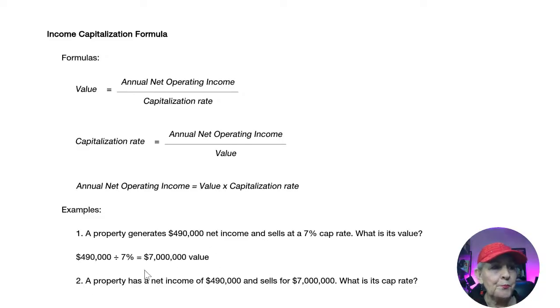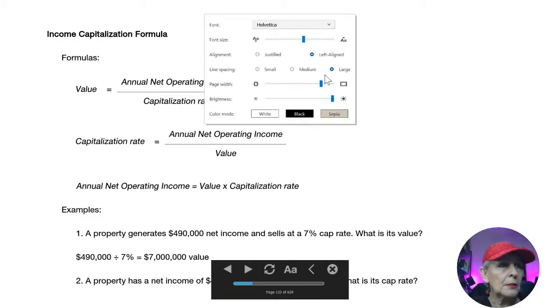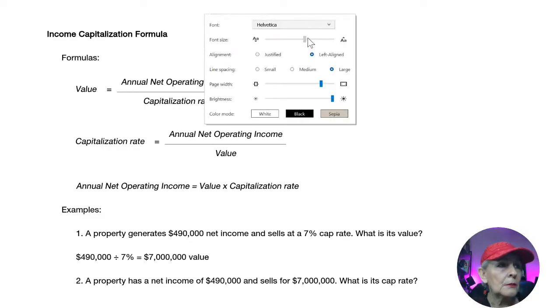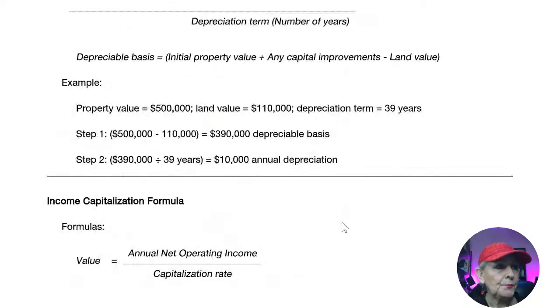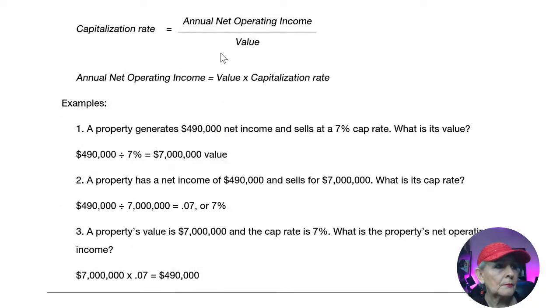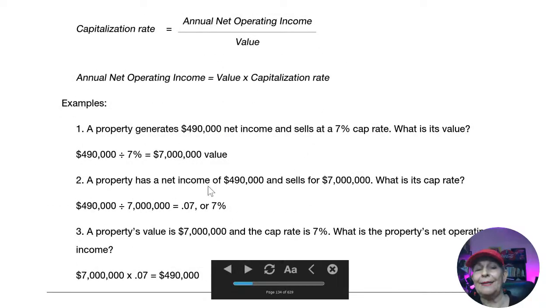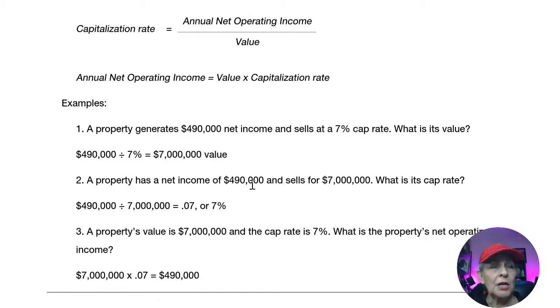So 2, a property has a net income of 490,000. Okay, so it has net income of that. We have that value, and it sells for 7 million. Okay, that's the value.